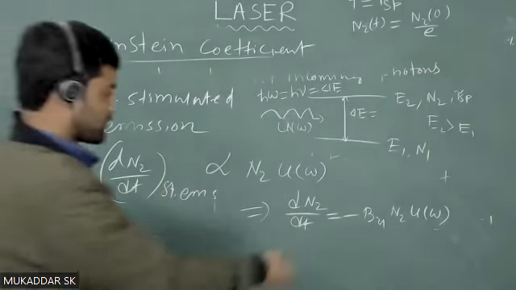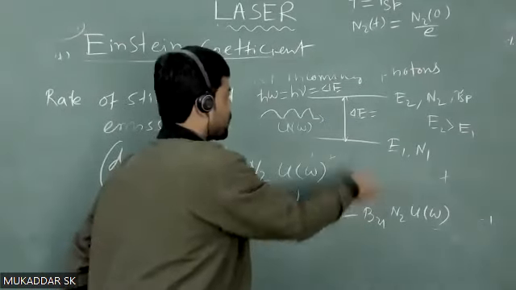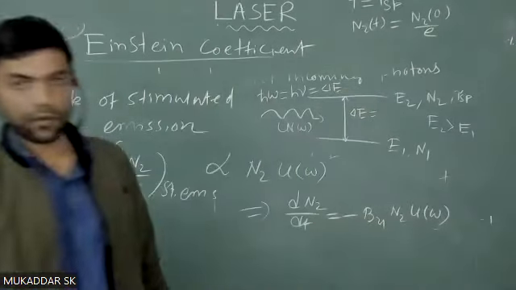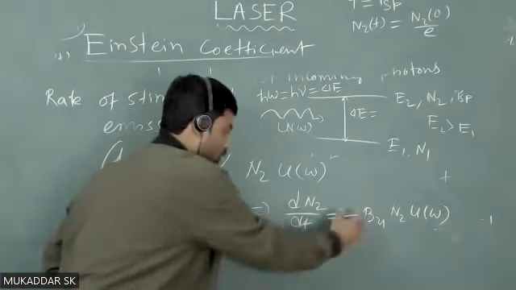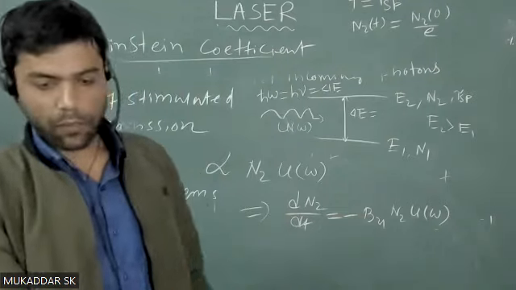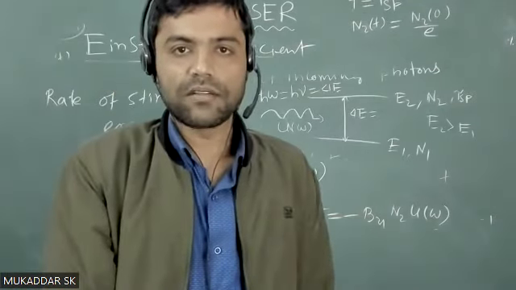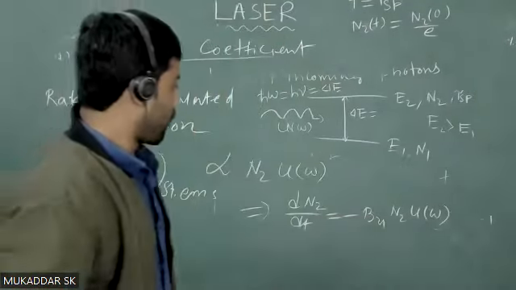Again, I am using this minus sign because stimulated emission is actually decreasing the population of E2. With progressive time, the population of E2 is decreasing by stimulated emission. And what is B21 here?